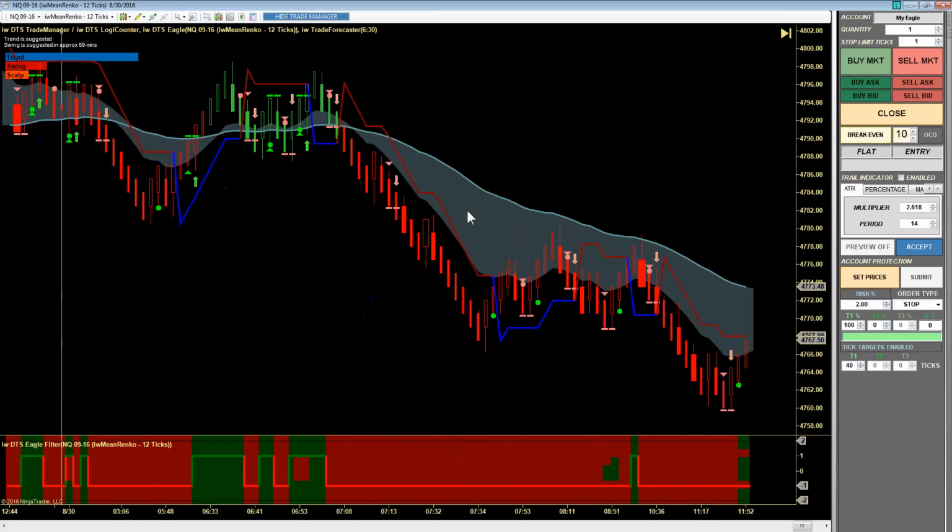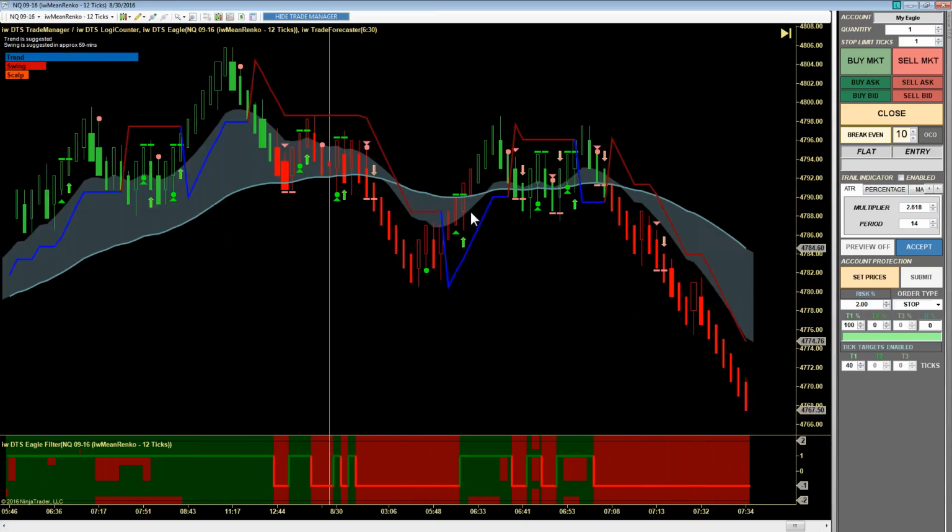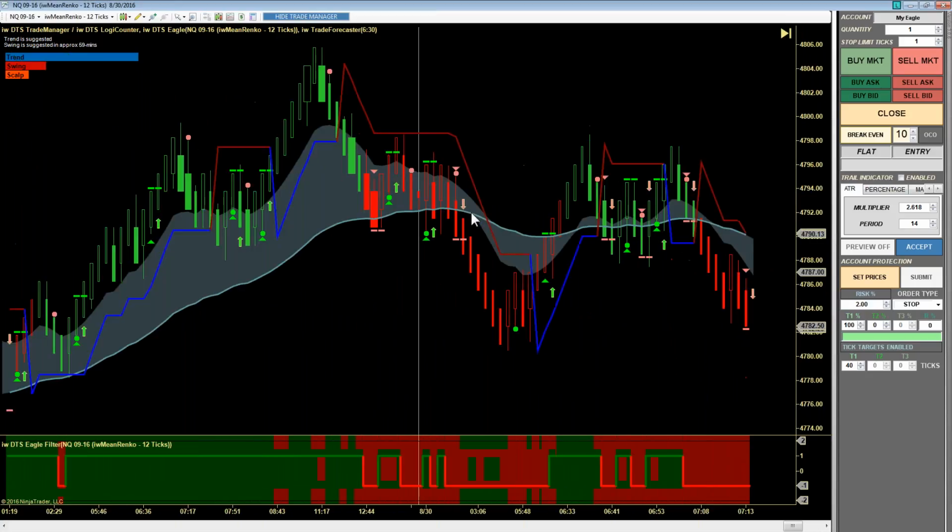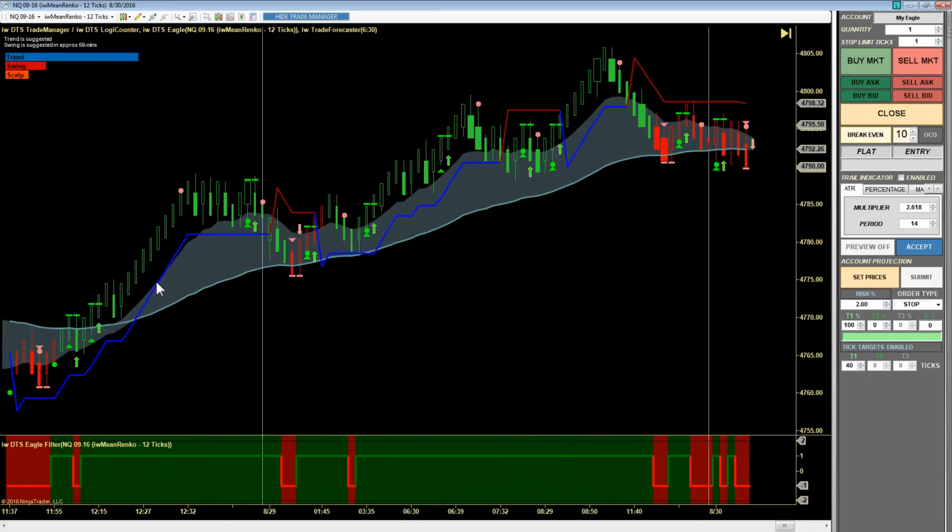The Eagle, our trend trading tool, the markets haven't really been trending that well of late, although you can see there's a little bit of follow through here and there. This cloud or band, I hesitate to call it a cloud because everybody thinks it's an Ichimoku cloud. No, it's not.